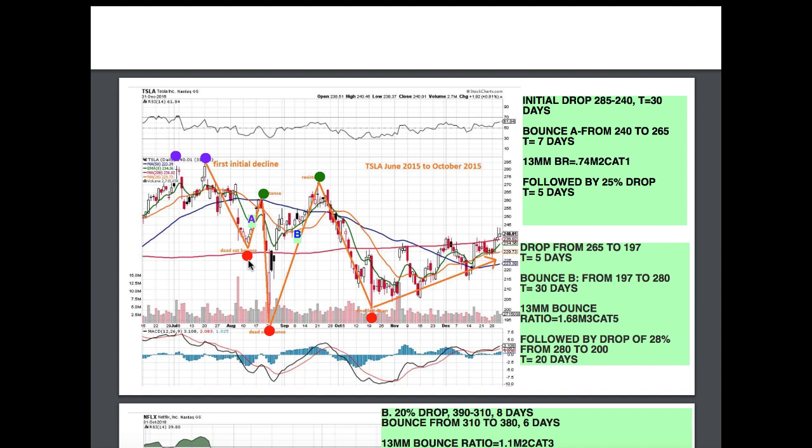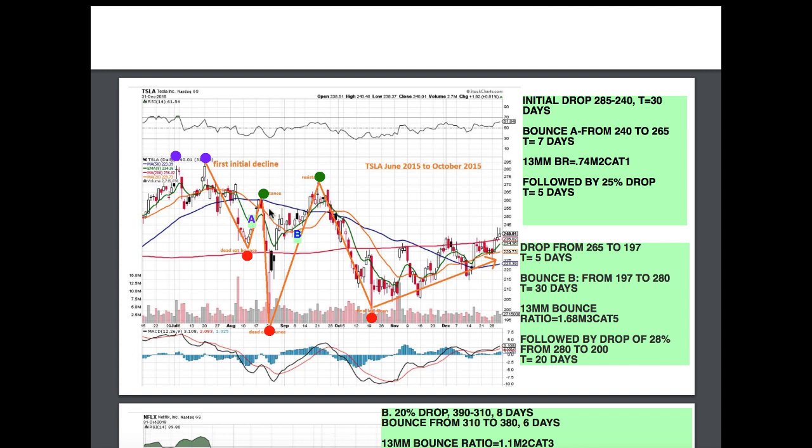In this particular case, when you do that, you're going to come to a ratio of 0.74. And it's actually easy to see without even calculating this. You can see that the bounce is not quite as high, looking at the chart overall, as the actual move lower from this dot to this dot. This bounce is not as high.